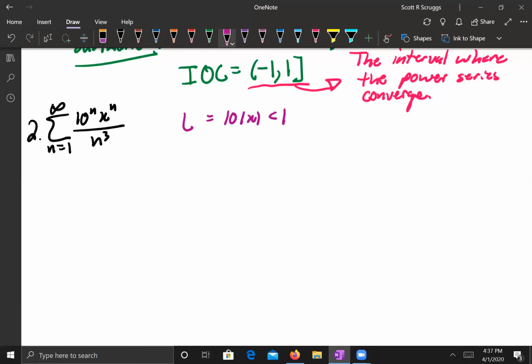And so then I want only the absolute value of x minus the center on the left-hand side. And so I'll have the absolute value of x less than 1/10. So now I say you have your radius of convergence.